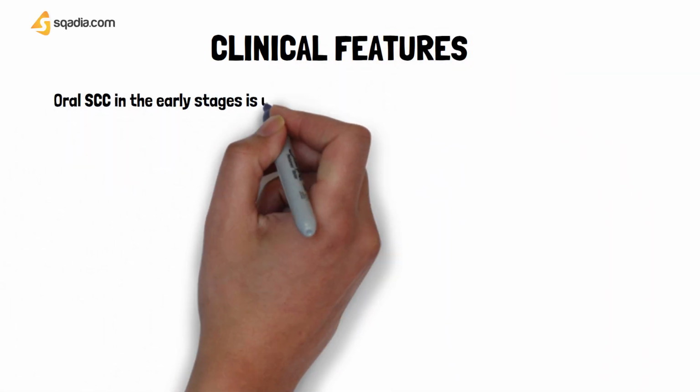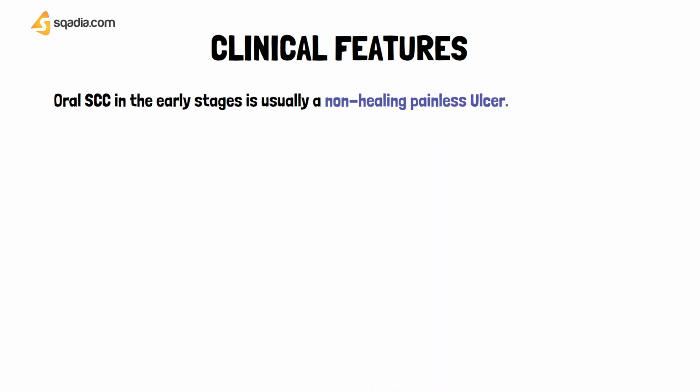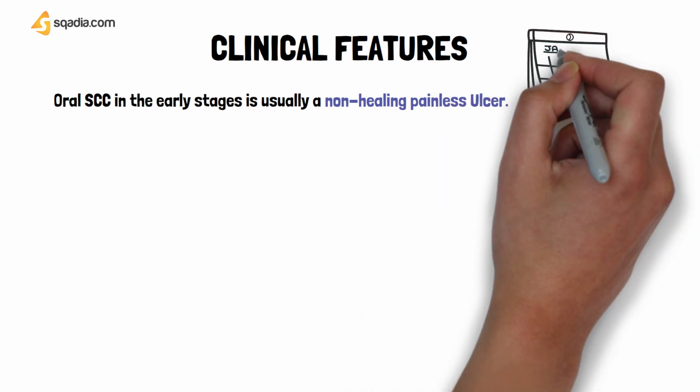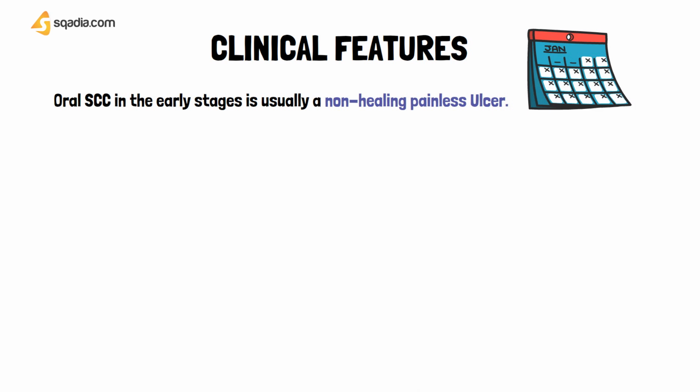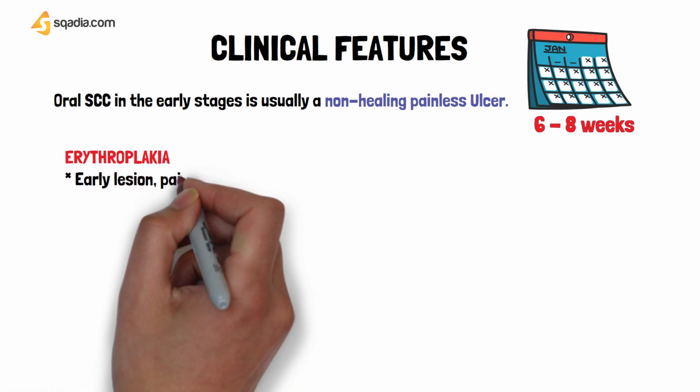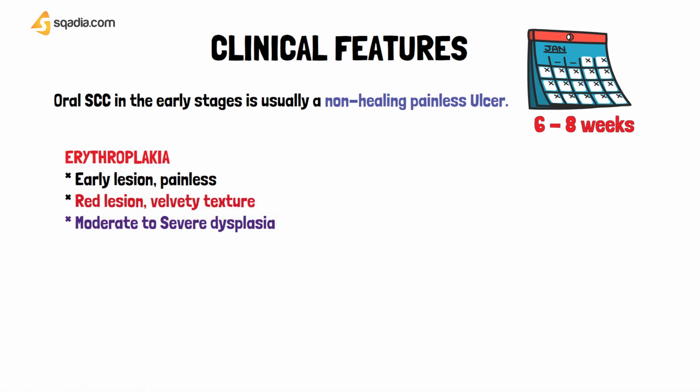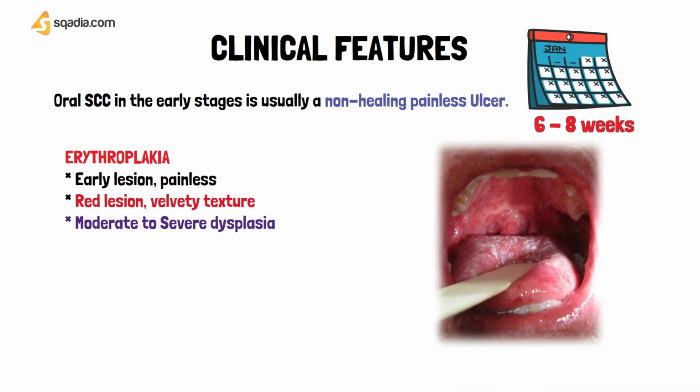The oral squamous cell carcinoma in the early stages usually appears as a non-healing painless ulcer. A suspicion usually arises if the non-healing painless ulcer lasts for more than 6 to 8 weeks. Other than this, it may appear in the form of an erythroplakic lesion. This is basically an early lesion and it appears as a red, velvety texture.